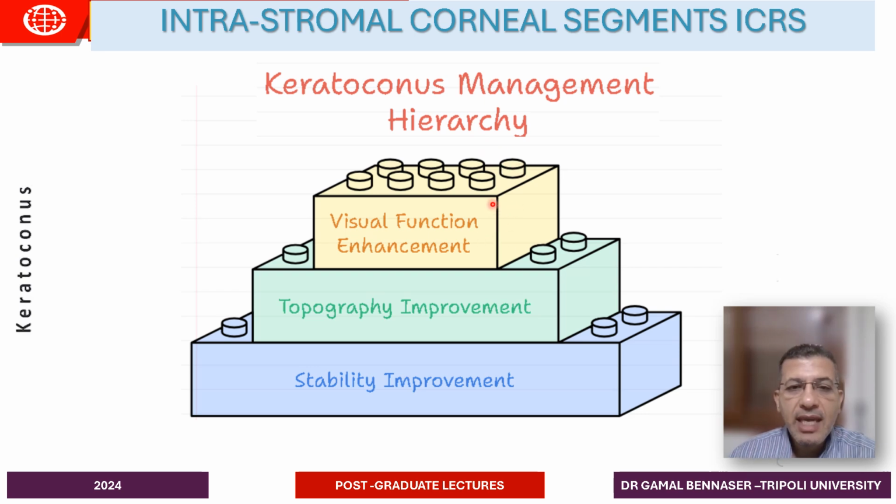We should understand these steps so that we can understand the role of the intracorneal ring segments in the management of keratoconus, and realize the importance of the intracorneal rings in maintaining the shape of the cornea.